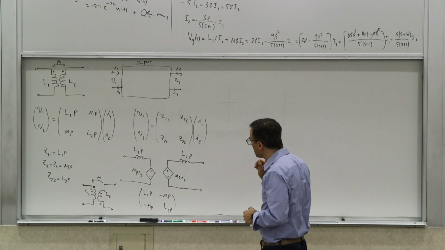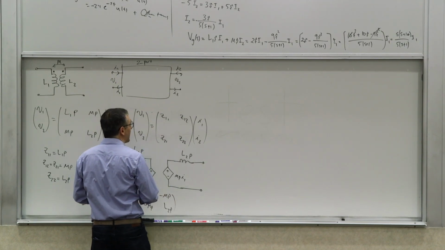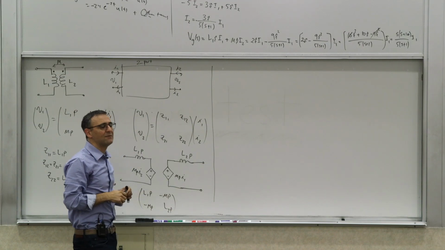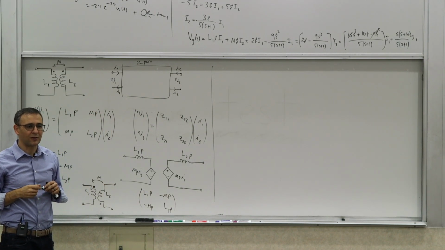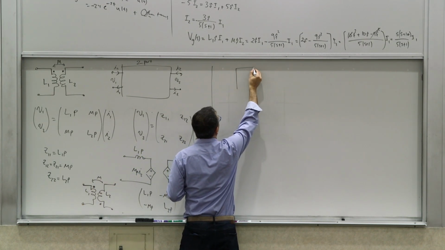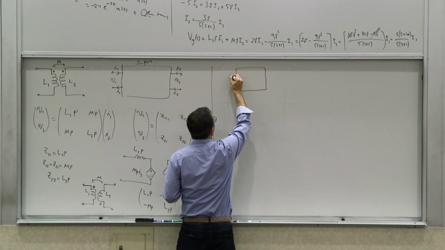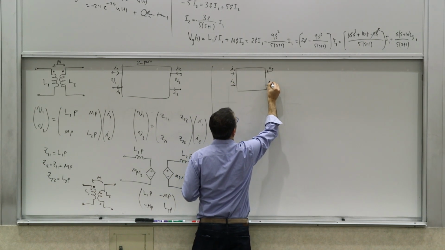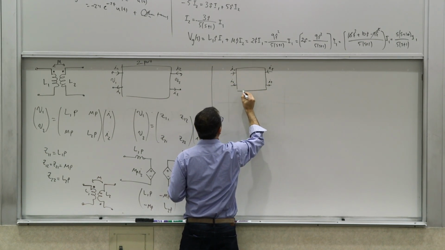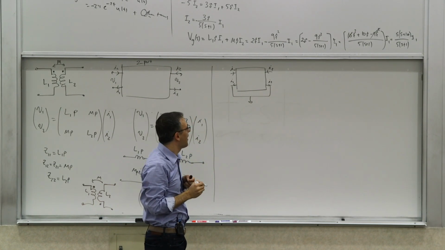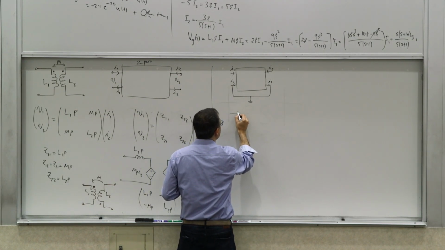But there's a particularly useful equivalent model for this. If you remember from when we were talking about the Z matrix and two-ports, one of the things we said is that if you have a two-port represented by Z parameters like this, with I1 and I2, and these two terminals are shared, you could show this as a T model.